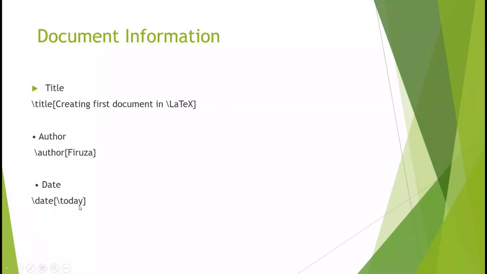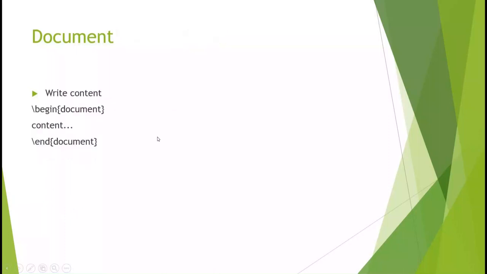Date will display today's date, the current present date. Next, if you want to write a document, for writing content, you just have to follow \begin{document}. Here you mention the content, followed by \end{document}.